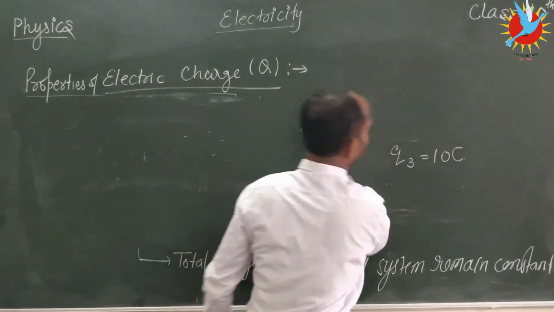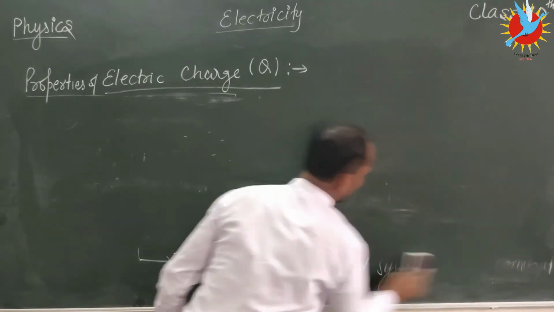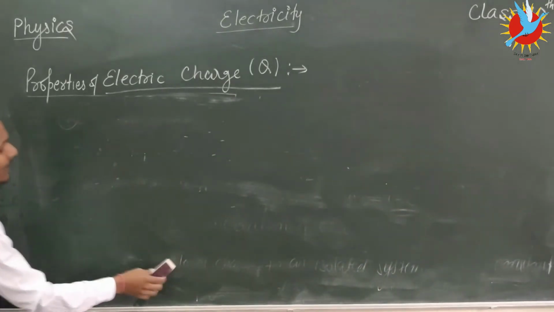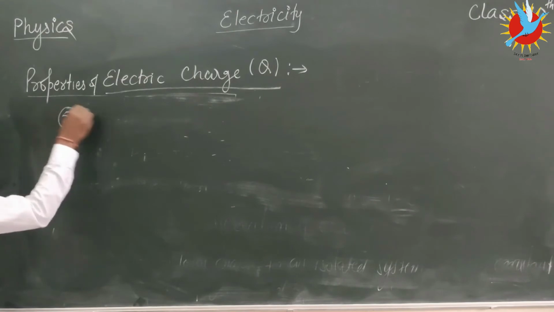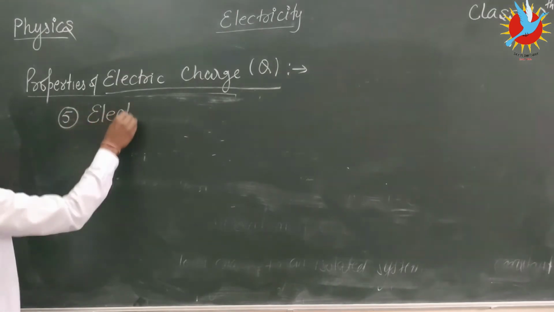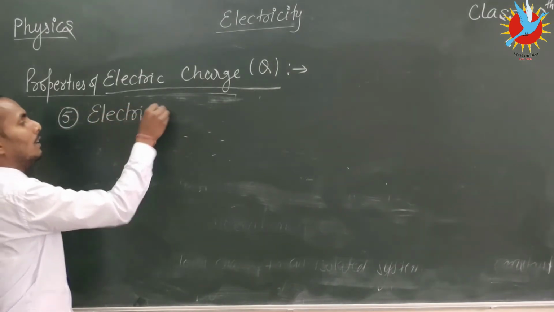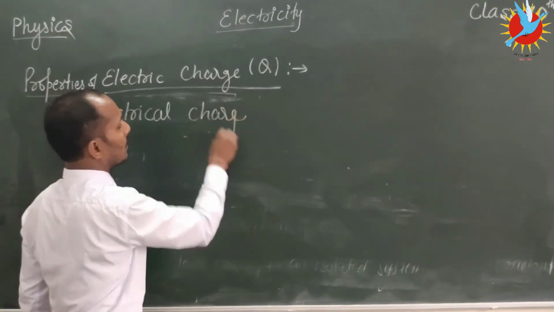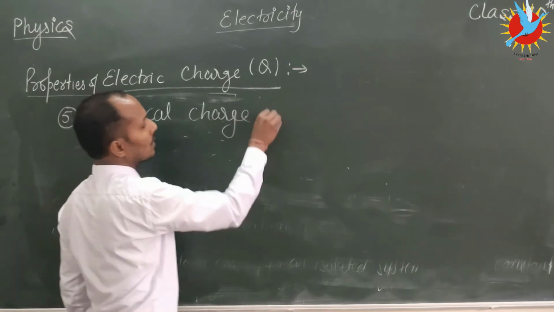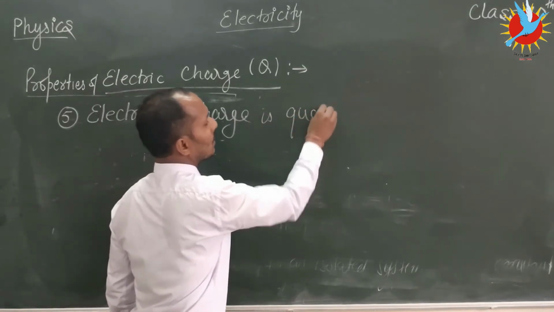The last property states that charge is quantized. The fifth point: electrical charge is quantized.